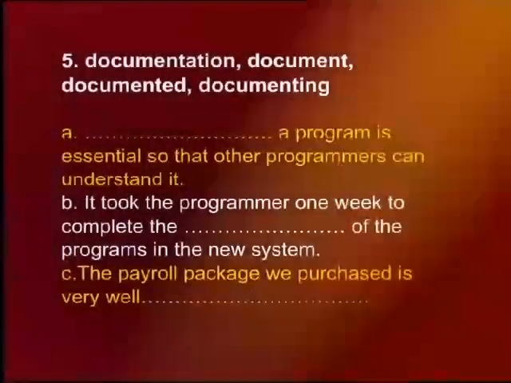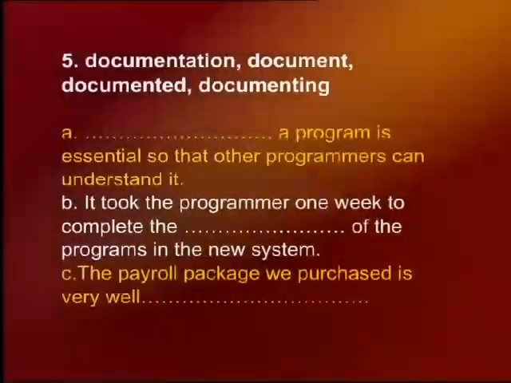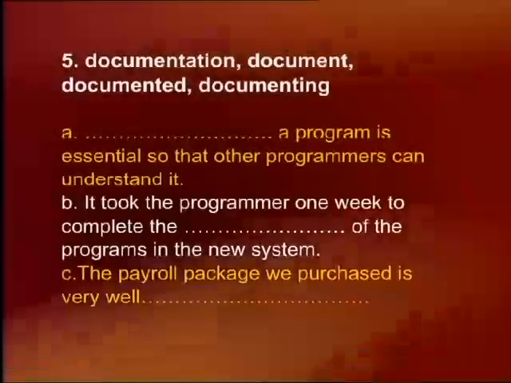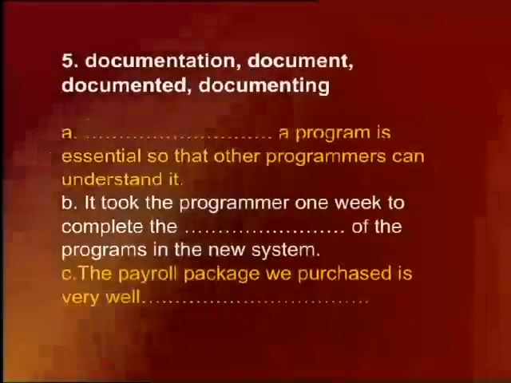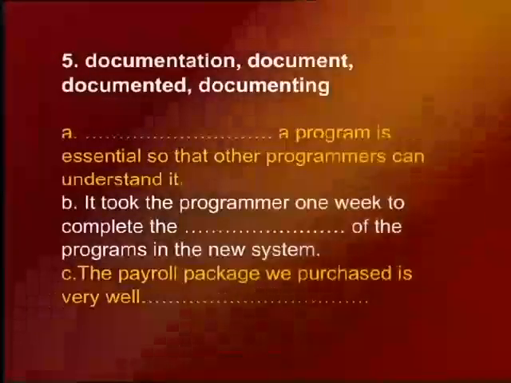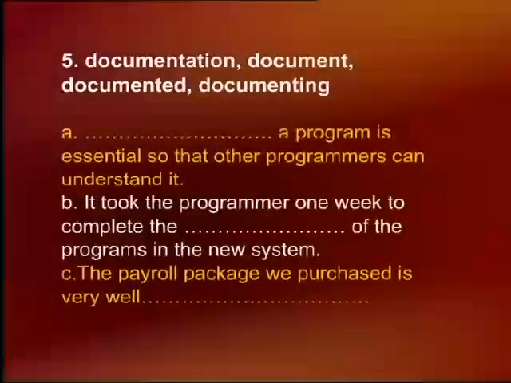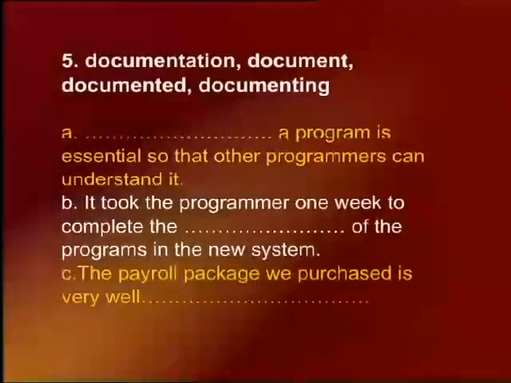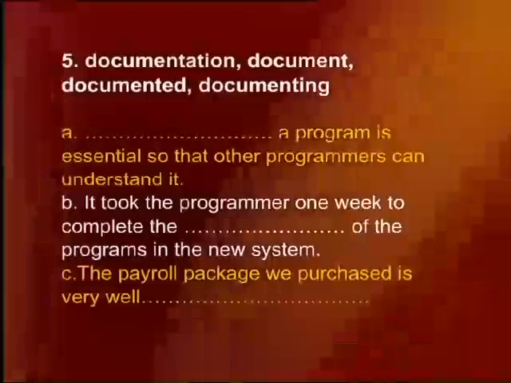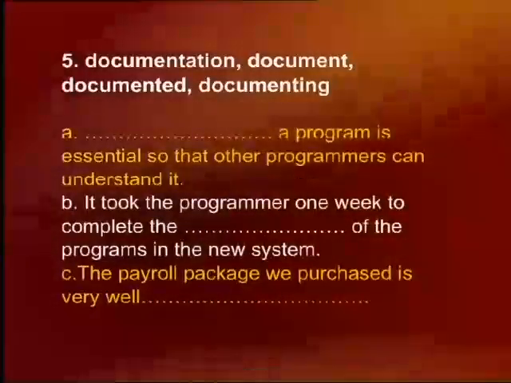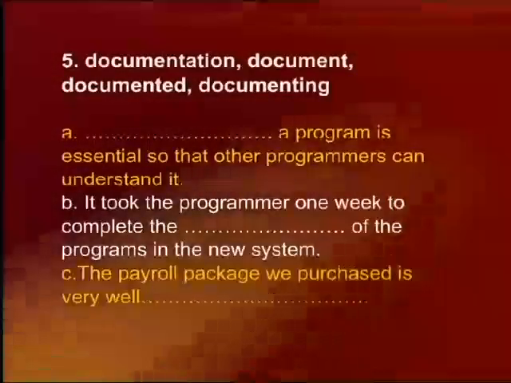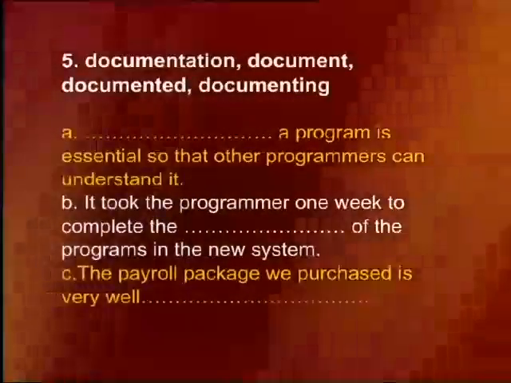Now, number 5, the fifth group of words, documentation, document, documented, documenting. Sentence A, dash, a program is essential so that the other programmers can understand it. And the word is, documenting a program is essential so that other programmers can understand it.